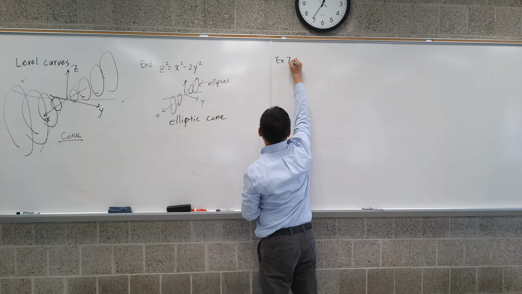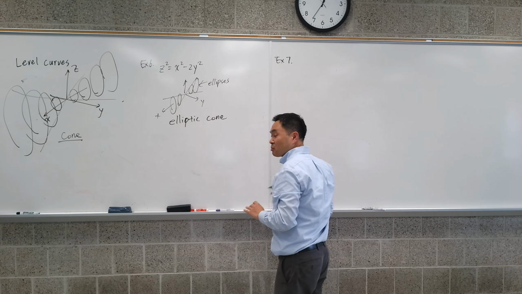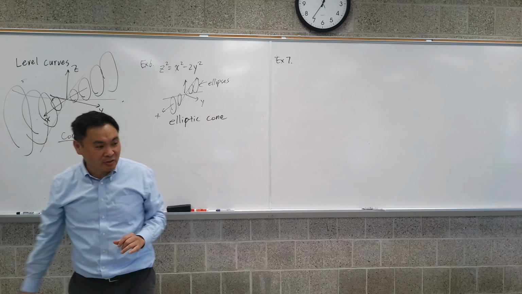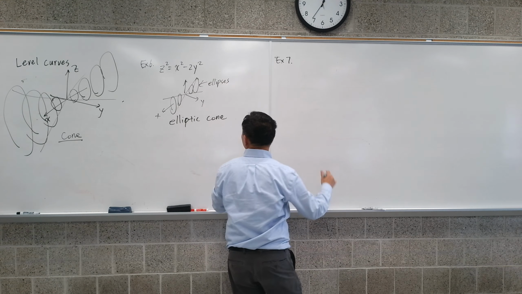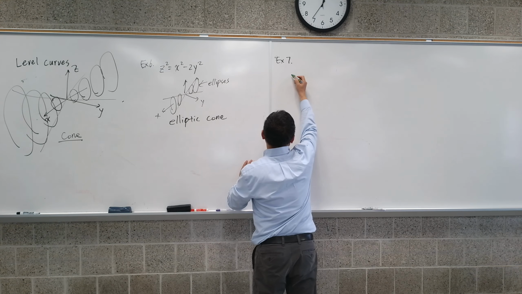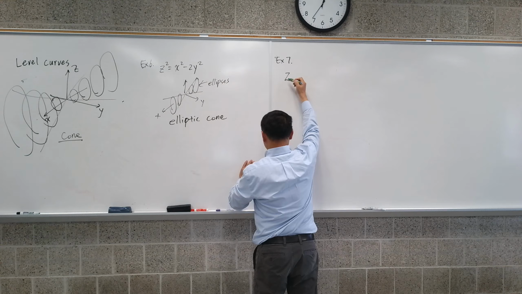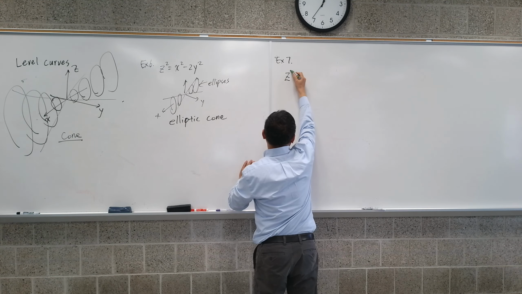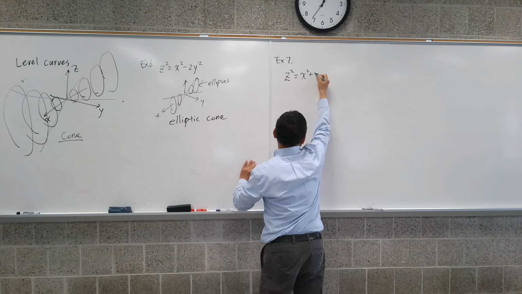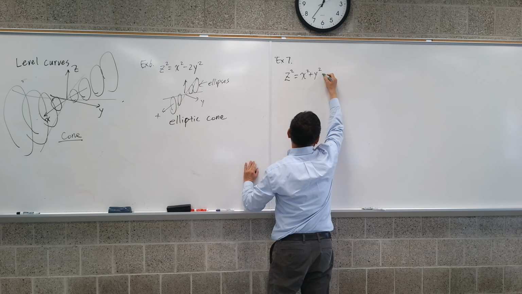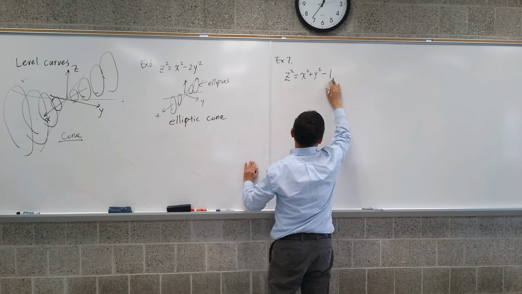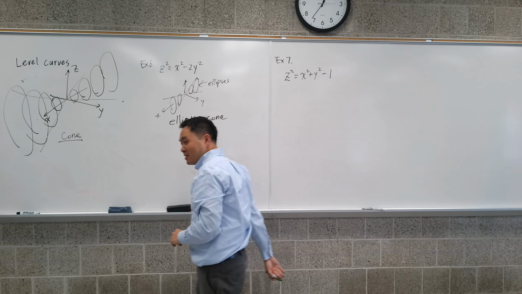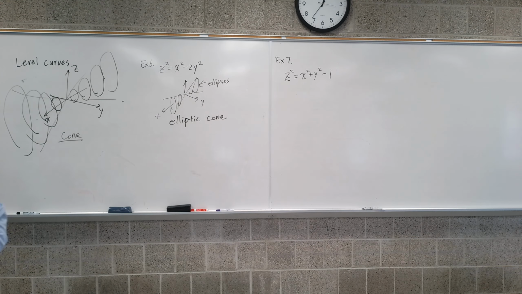Example 7. This one's pretty similar to the previous one, except you have z squared equals to x squared plus y squared minus 1, and there's another one with the plus 1, okay? All right.